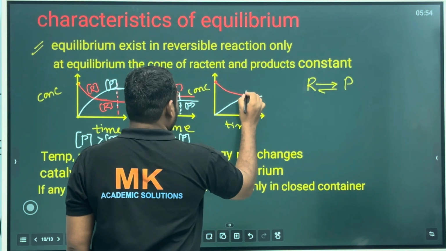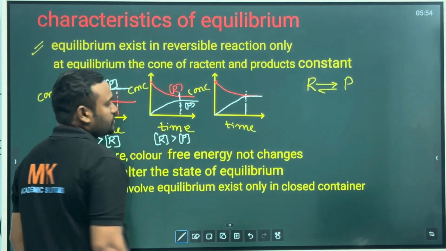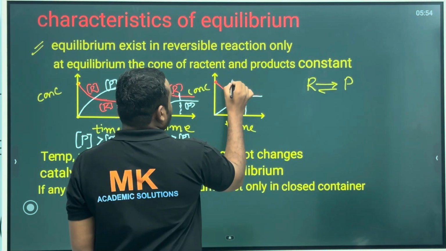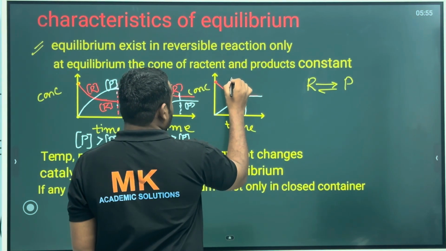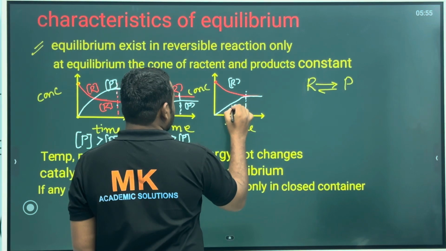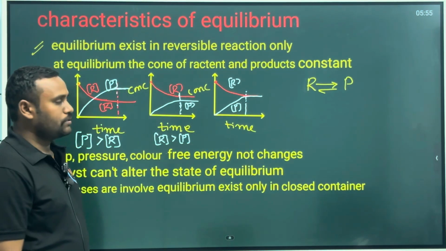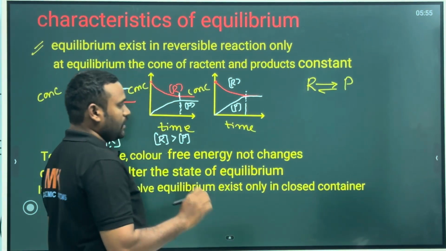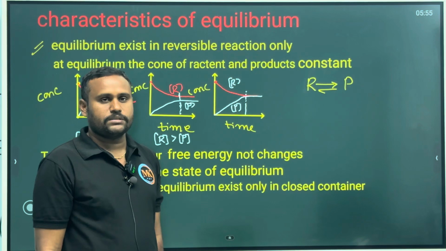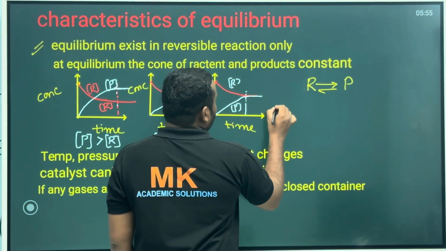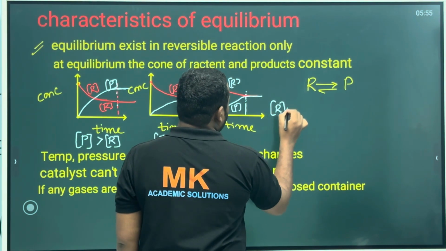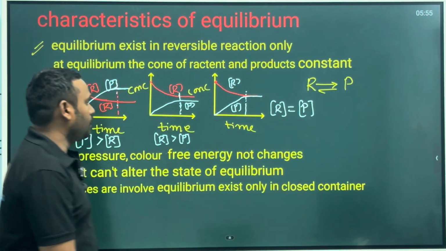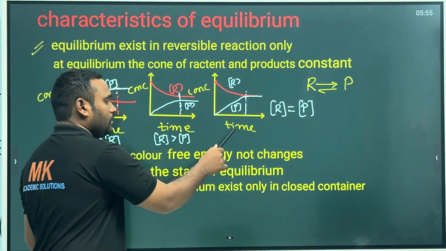After reaching that particular time there is no change in the concentration of reactant or of product. So in this situation, what is the relative concentration of reactants and products at equilibrium? The concentration of reactant is equal to the concentration of product in this graph.